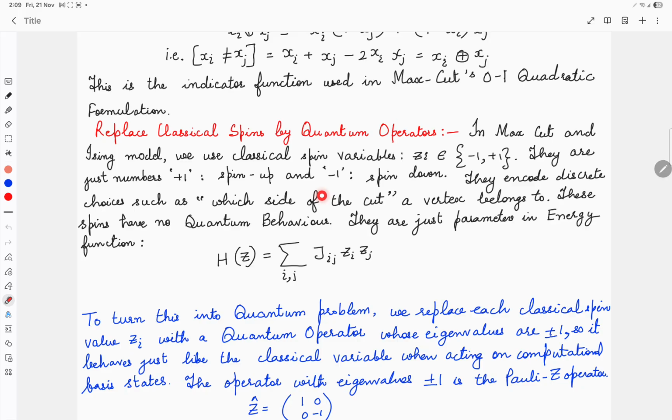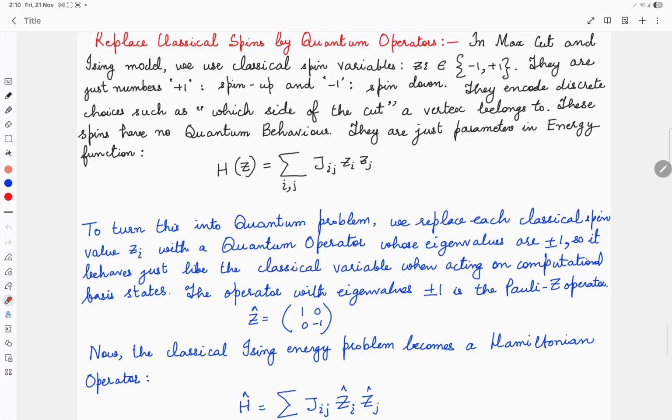Actually, +1 or -1 are just numbers, and there does not seem to be any quantum behavior coming out of this. They are just parameters in energy. In this Ising Hamiltonian term, it's just the energy that we are talking about, and there are numbers represented by these spin variables.